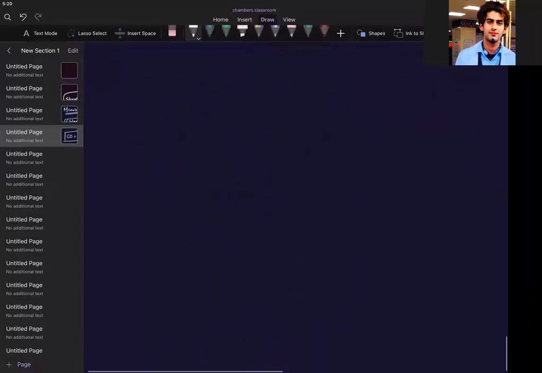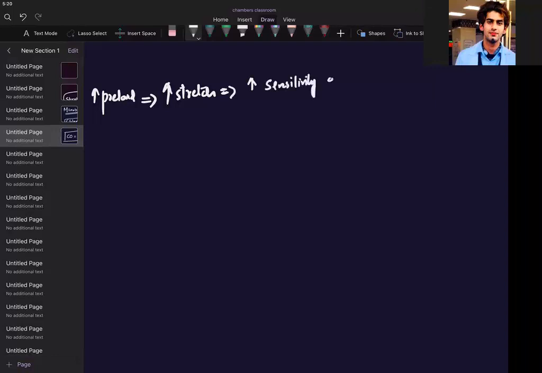So if I increase the preload, I will increase the stretch. If I increase the stretch, I increase the sensitivity of the contractile apparatus.